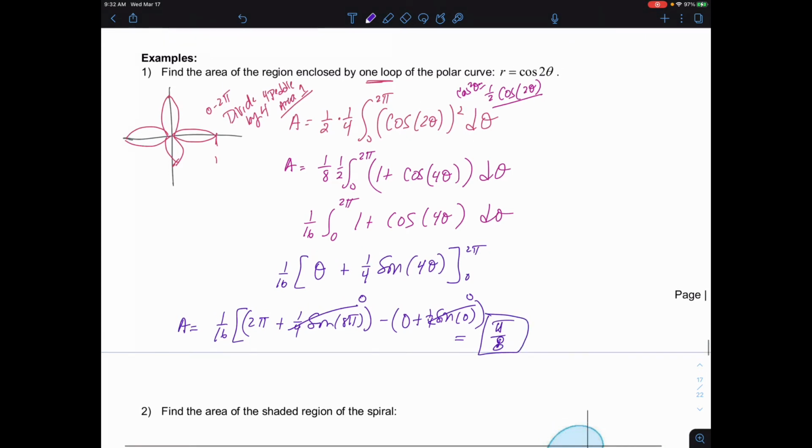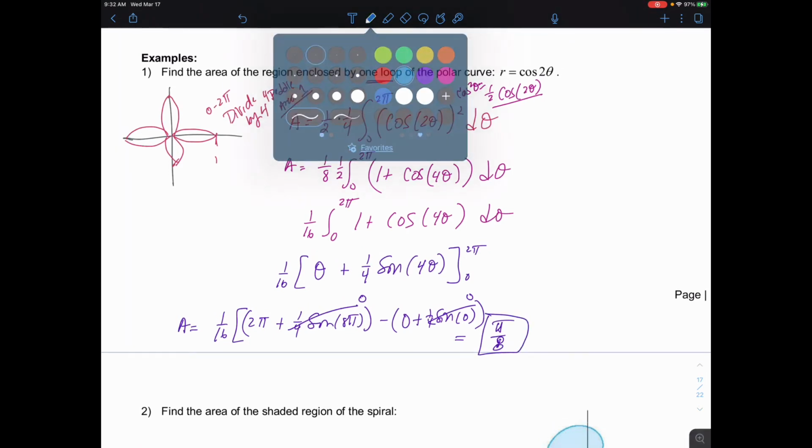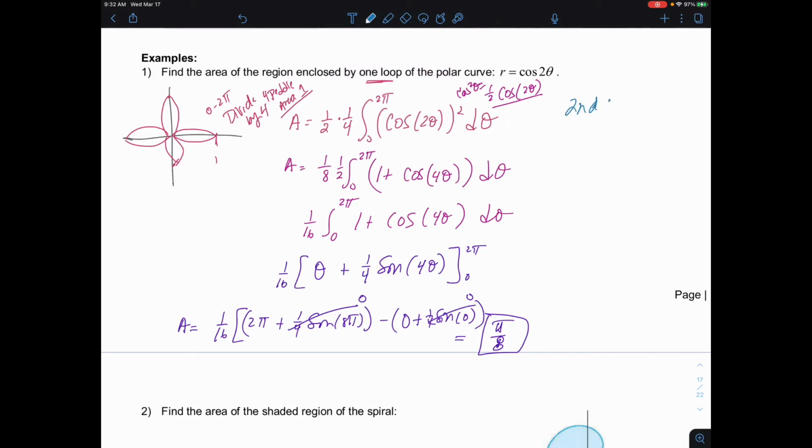Now, I'm not going to do the second way, but there is another way. I'm just going to set it up. If I only wanted to do one loop, instead of dividing it by 4, so thinking about one loop, let's think about this one loop right here, right? Well, this is going to be from negative pi over 4 to positive pi over 4.